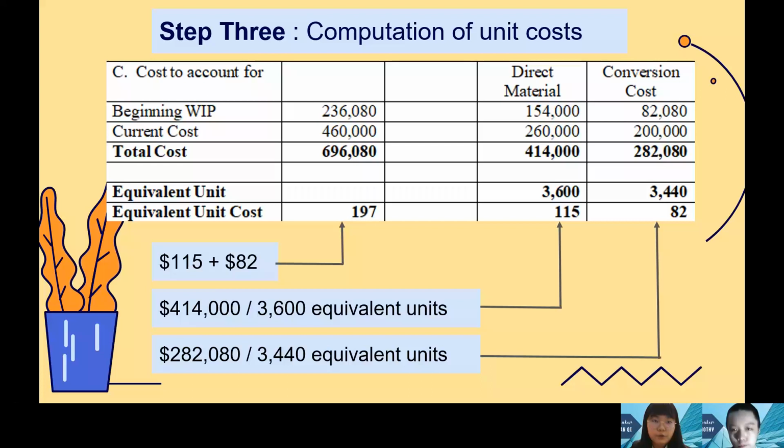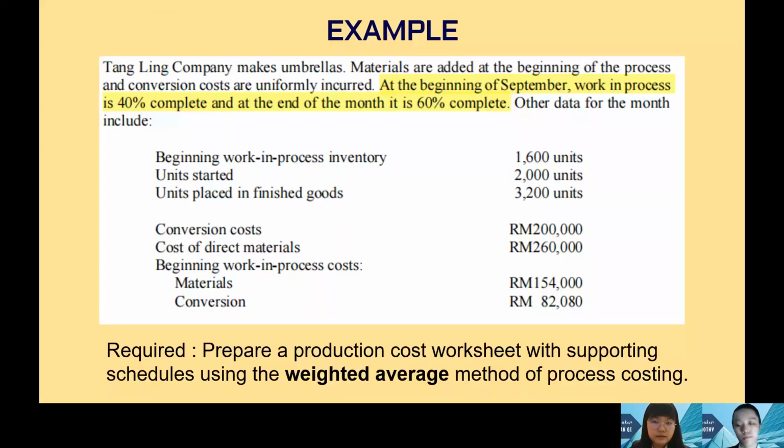Step 3. Computation of unit cost. The direct material for the beginning work in process we will take from the question, which is in slide 14. The beginning work in process cost: material 154,000 and conversion cost 82,080.